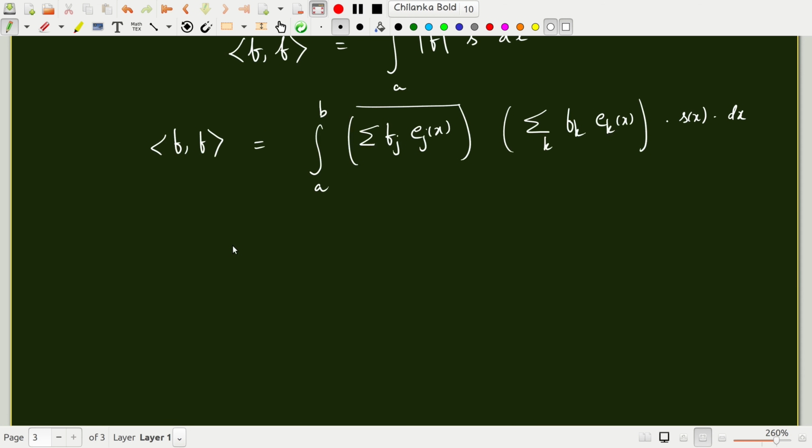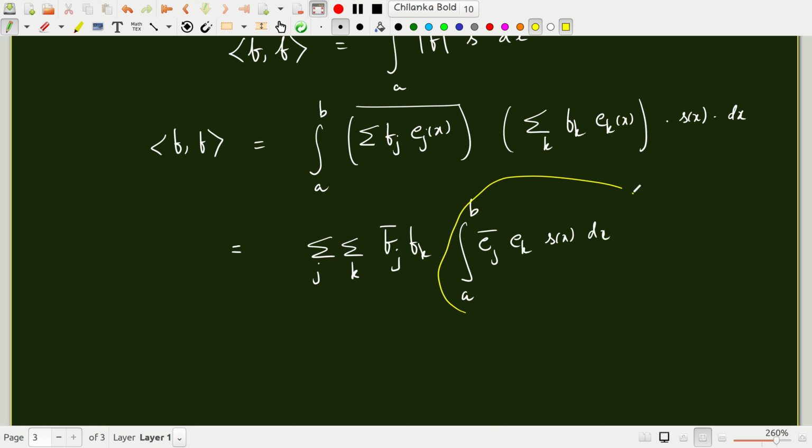Now I can interchange the sum and integral. So this is the sum over j, k of f_j bar f_k times the integral from a to b of e_j bar e_k s of x dx.